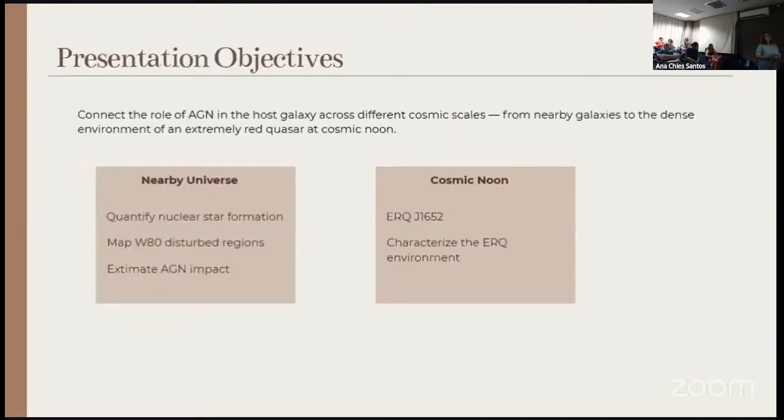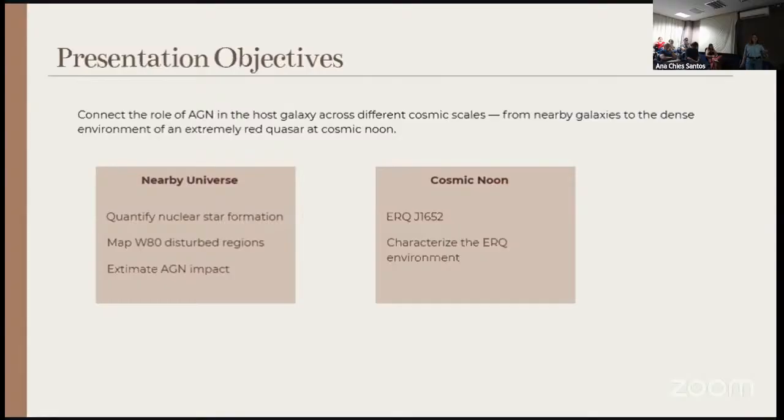Today, the main goal of this presentation is to connect the role of the AGN in the host galaxy across different cosmic scales, from nearby galaxies to the dense environment of the extremely red quasar at cosmic noon.